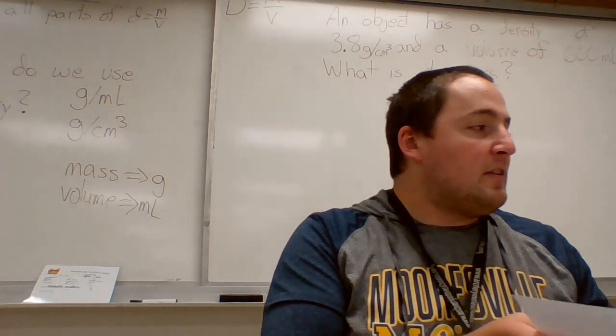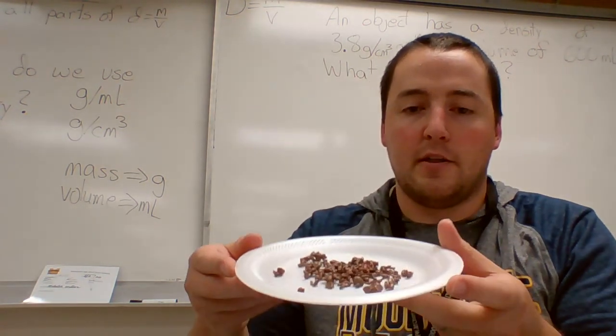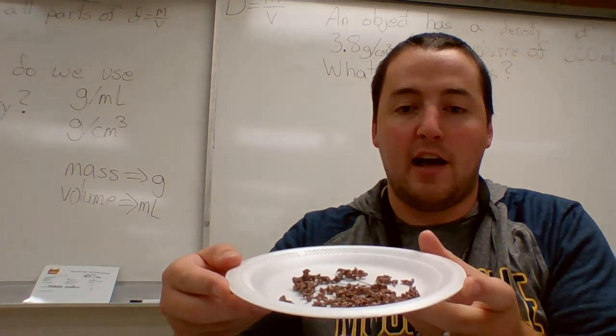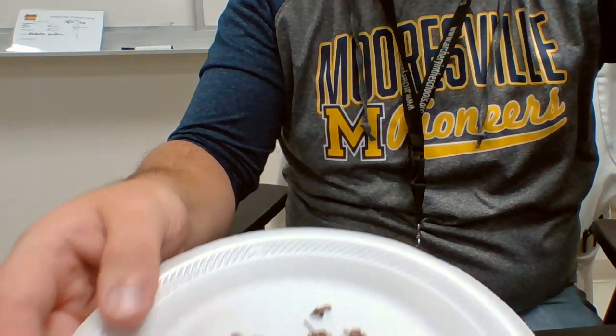So the 5 different materials that they have to identify are this material. This is material A. I don't know how well you guys can see that. Maybe if I do this.